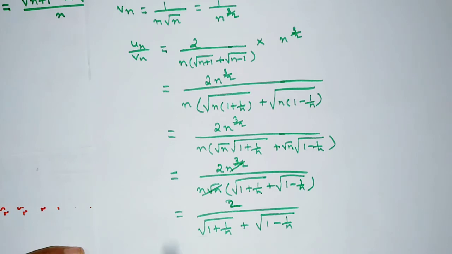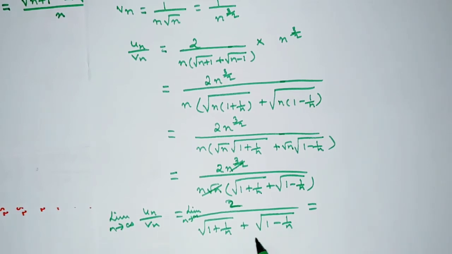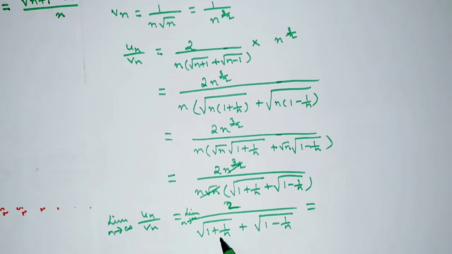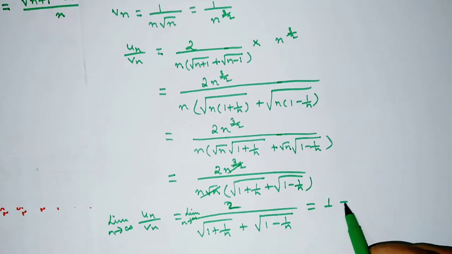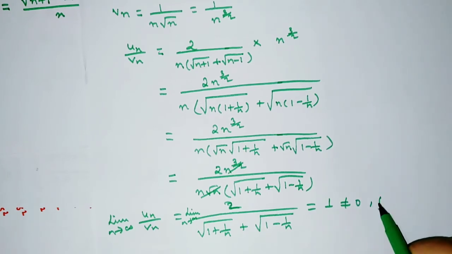Now if you take the limit of Un by Vn as n tends to infinity, 1 by infinity is 0, 1 by infinity is 0. So here you will get square root of 1 plus square root of 1, and that is 2. So 2 cancels with 2, we get 1, and this one is not equal to 0, this one is finite.